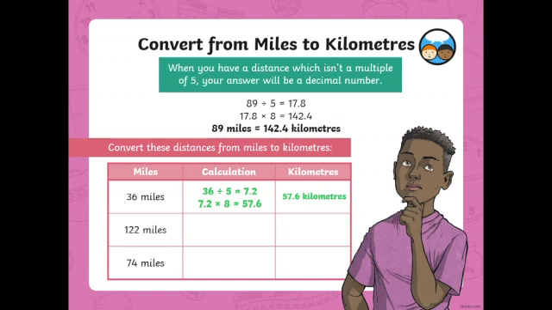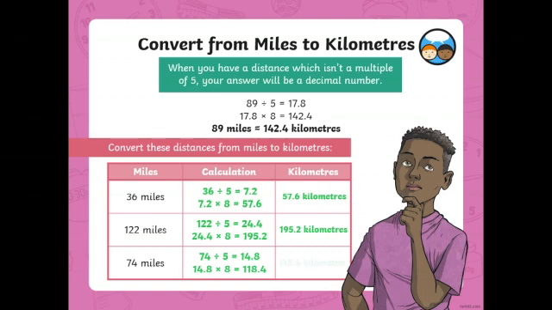So for 122 miles, if you divide that by 5 you should have 24.4, multiply that by 8 and it's 195.2 kilometres, and then 74 divided by 5 should get you 14.8, multiplied by 8 is 118.4 kilometres.